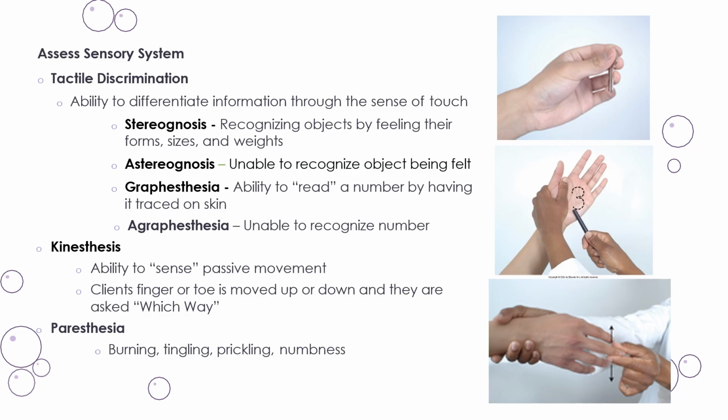Kinesthesia. This is the ability to sense passive movement. The client's finger or toe, you move it up or down, and they are able to tell you which way you moved it. Paresthesia. This is the burning, tingling, or numbness.